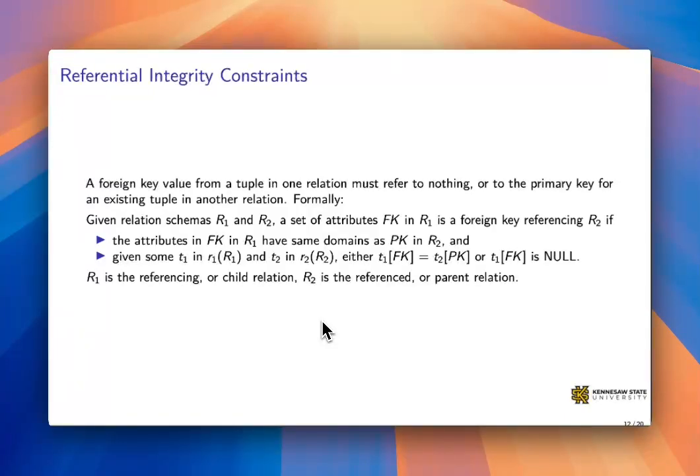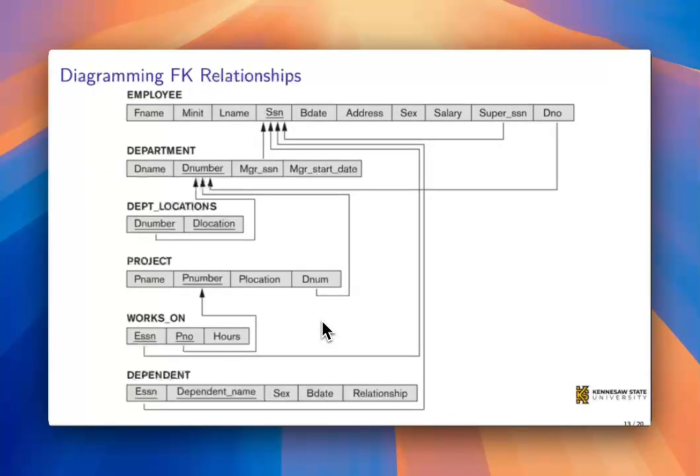And for any tuple t sub 1 in R sub 1 that references some tuple in R sub 2, either the foreign key in t sub 1 has to have the same value as the primary key in the tuple it references in the parent relation, or the foreign key in the referencing relation has to be null. And we'll see some examples of those in just a minute.